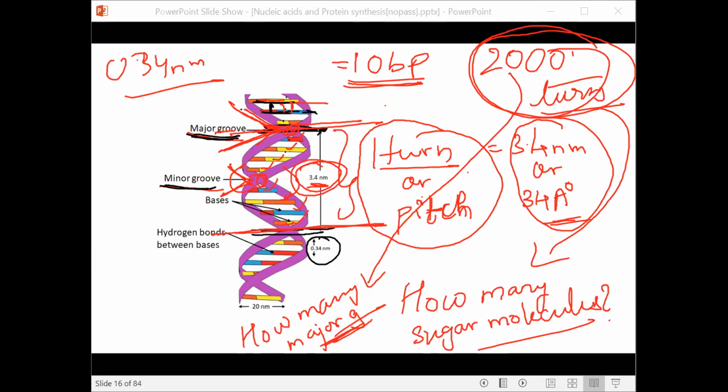Okay, Khushi ma'am, you are saying 2000. Devangi ma'am is asking me, is it 1000? I am asking for an answer with a full stop, not a question mark. Shreya ma'am says 2000. Pratham says 2000. Niranjan says 1000. How did it become 1000? If there are 2000 turns, how did it become half?